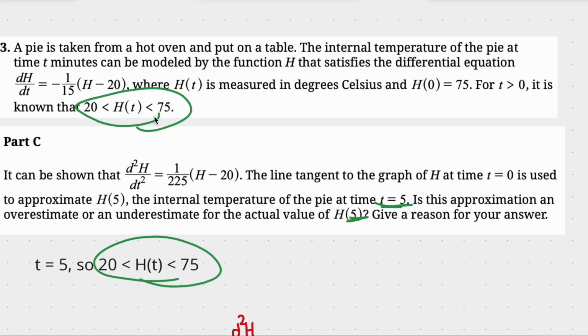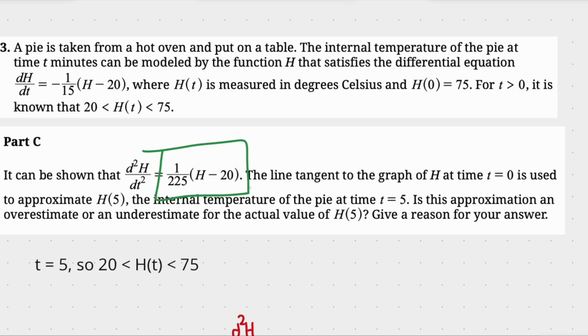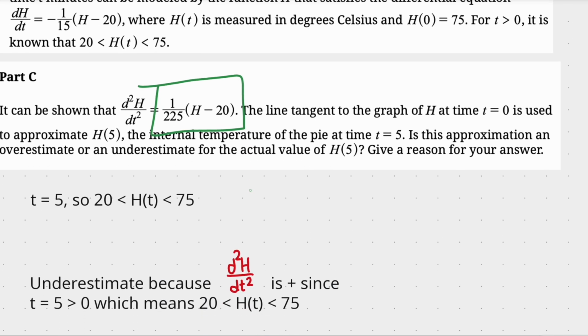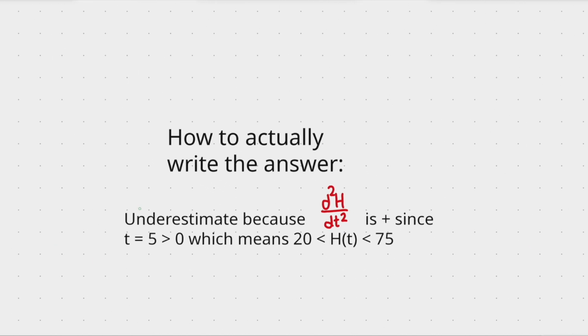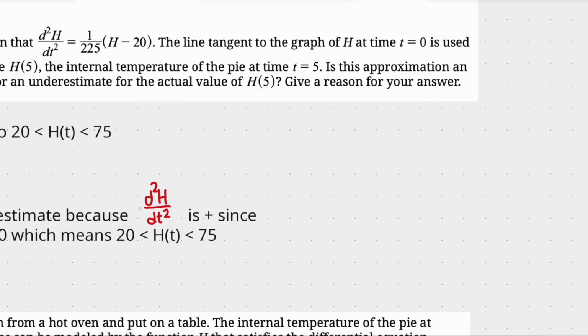It literally says that here, for t greater than 0. So as long as h is bigger than 20, that means this is going to be positive, right? So the second derivative is positive. That means underestimate. And this is how I write my answer, which is literally the same exact sentence.